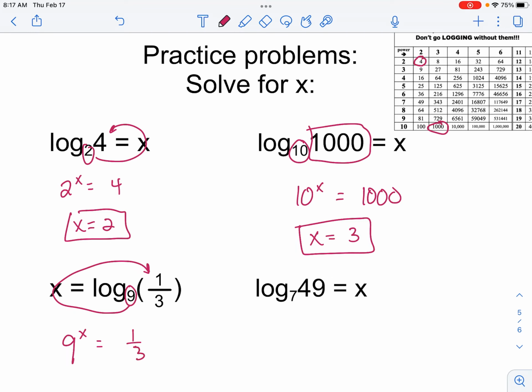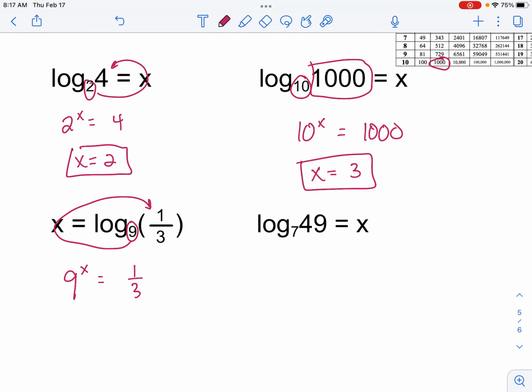All right, this one's a little bit trickier, because if I look at 9 here, I don't get 1/3 anywhere. So that's obviously not going to be super helpful. But let me think about this. I know that the square root of 9 is 3.